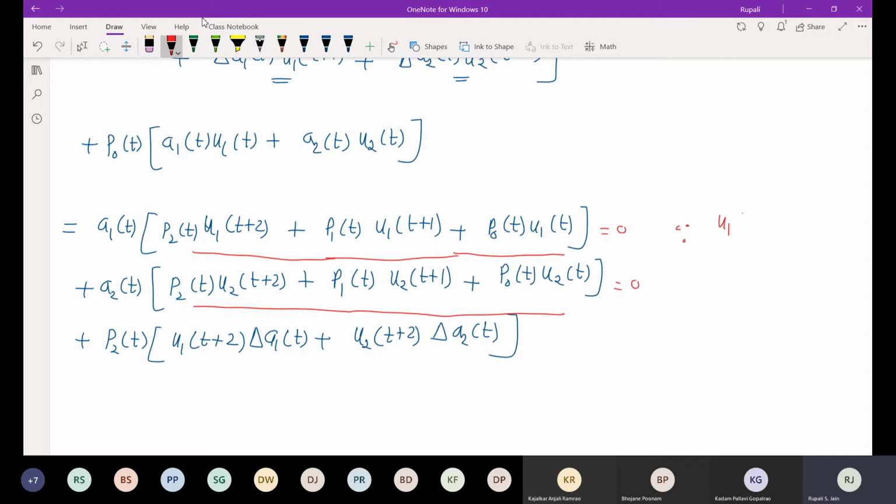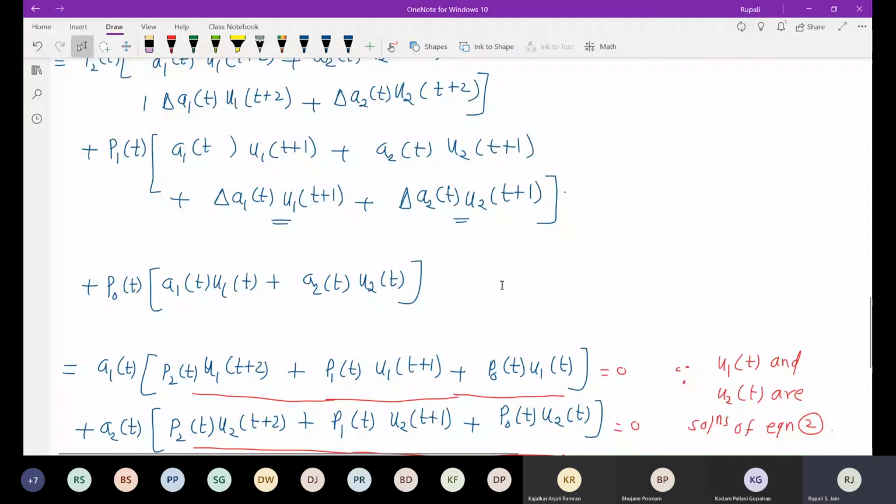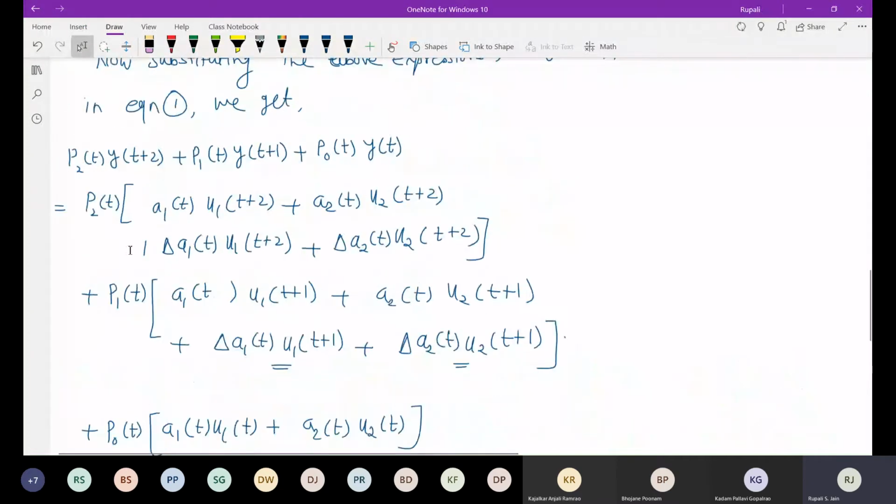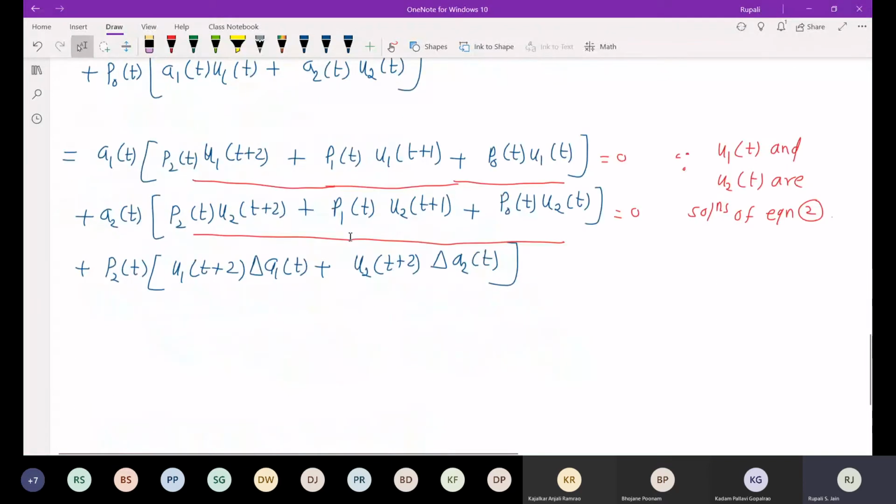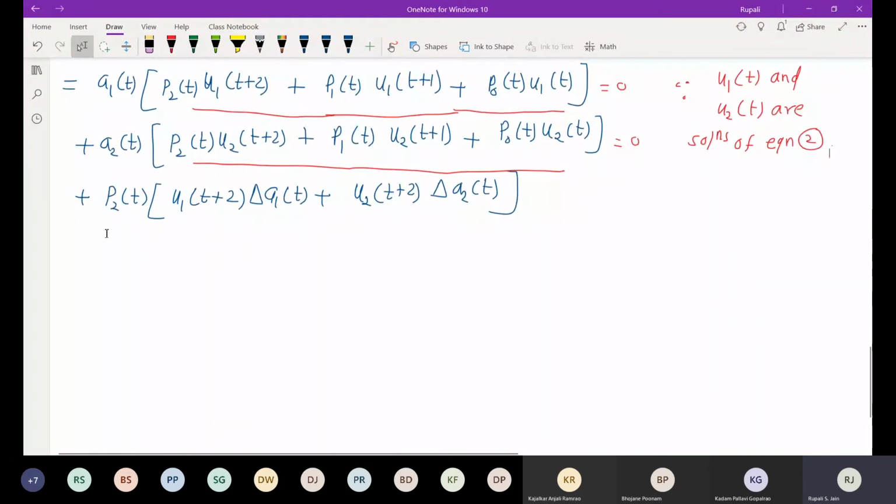Because u1 t and u2 t are solutions of equation 2. Is that okay? So what will remain? We started with P2t y t plus 2, P1t y t plus 1 plus P0t y t, which is equal to only this third term. Is that okay?